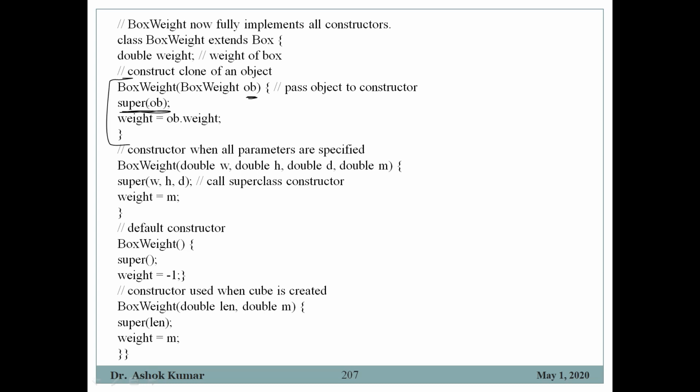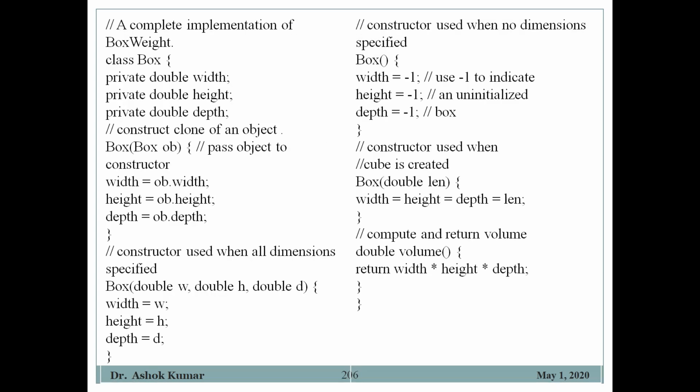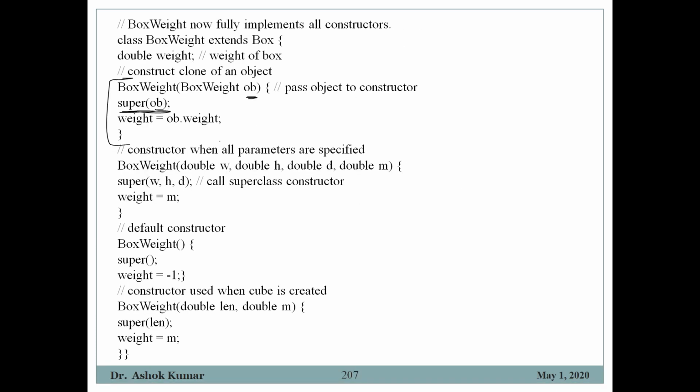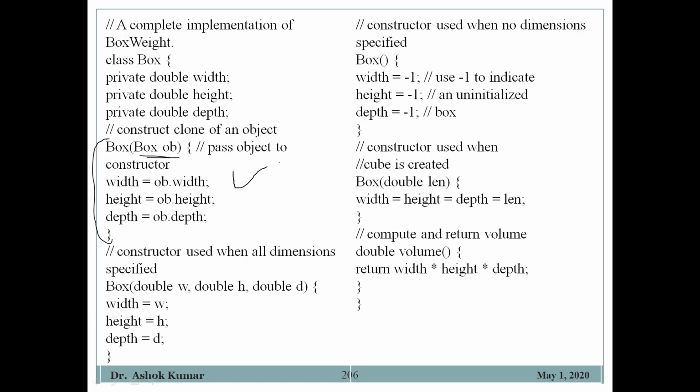Which constructor will it call? The constructor that can receive the object. So let's look at this. This constructor can receive the object, so that means super(ob) will call this constructor of the superclass.